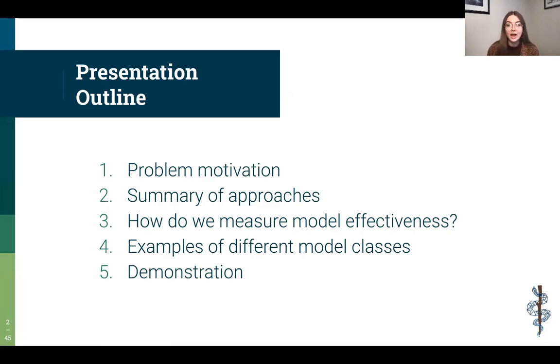I'll talk about how we like to measure model effectiveness, how we can figure out which model to use, what is applicable in what context, etc. I have a section that goes into some examples of the different model classes that I'll be talking about and showing some of the medical applications of those models. And at the end, I have a demonstration of one of the University of Alberta born survival prediction tools.